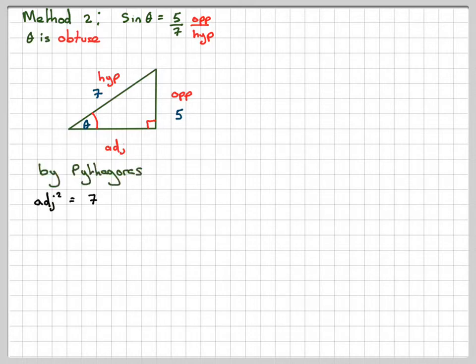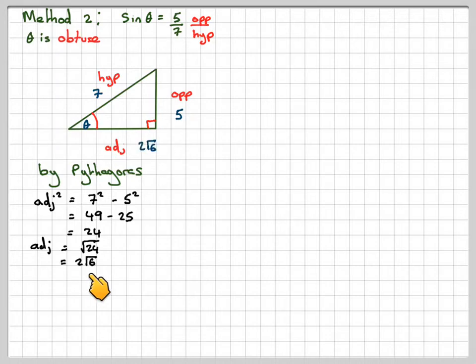So the adjacent squared will be 7 squared minus 5 squared, because the adjacent is one of the smaller sides. 7 squared is 49, 5 squared is 25, that gives me 24. The adjacent side will be the square root of 24, which again will be 2 root 6 when you simplify it like in the previous example. So that's 2 root 6.